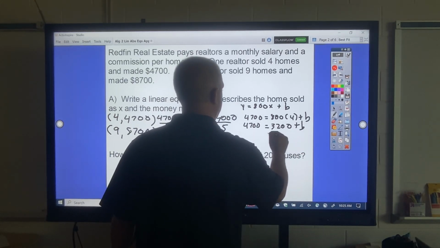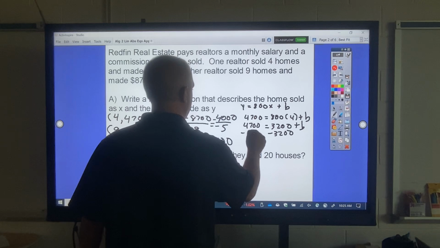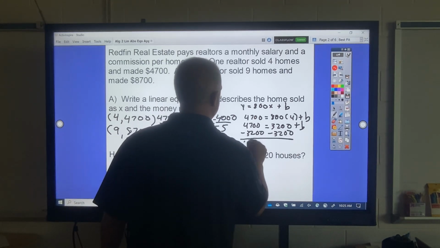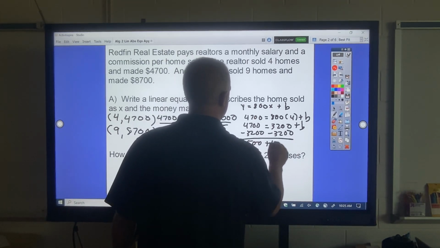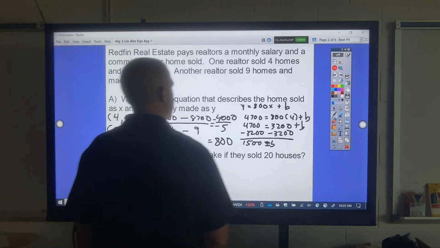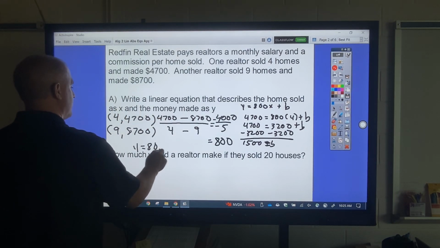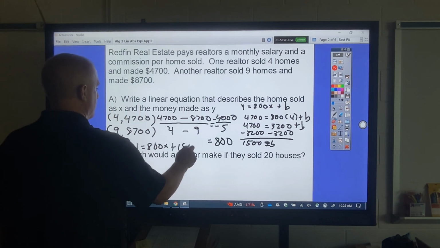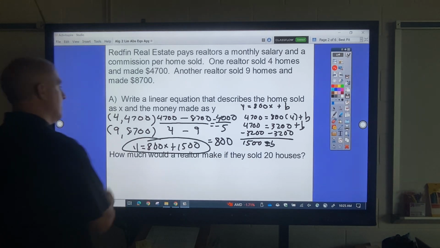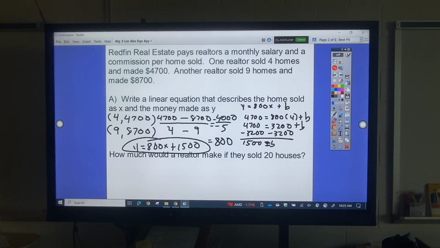Subtract 3,200, so that's 1,500, or b equals 1,500. So my equation is y equals 800x plus 1,500. Basically, they get paid a flat salary of 1,500 and then $800 per home sold.